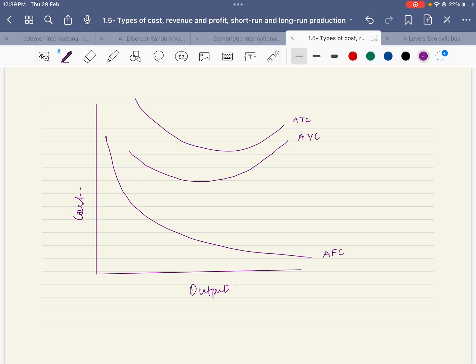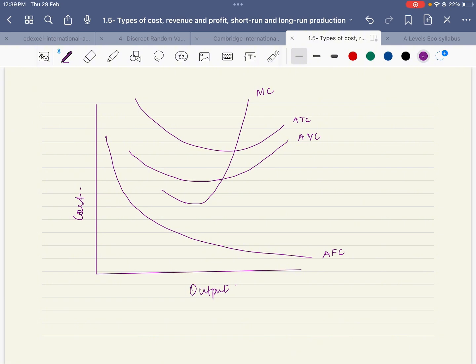Average variable cost will also increase as the output keeps increasing. Now comes the marginal cost. The marginal cost curve crosses the average total cost curve at its lowest point. So it starts here. This is marginal cost. You will always draw these curves like this.